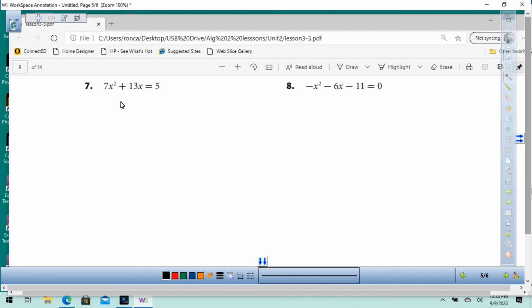Again, we're going to have to divide by 7. And we get x squared plus 13 over 7x equals 5 over 7. And then we're going to add b over 2 squared.